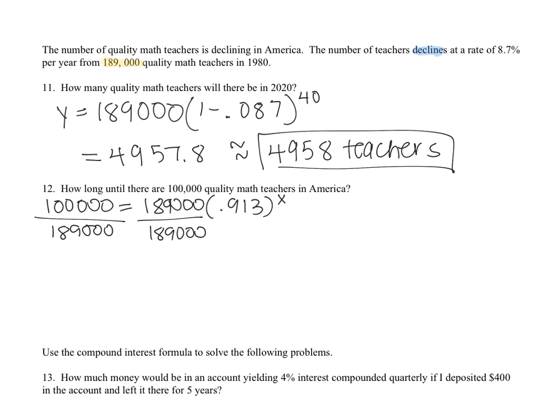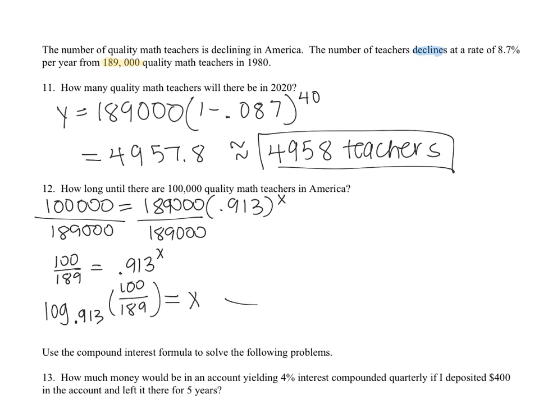Now 100,000 divided by 189,000 is not a nice decimal, so I'm going to leave it in its simplest form, 100 over 189 equals 0.913 to the x. Similar to number 6 on the previous page, I'm now going to solve this exponential equation by converting to logarithmic form. So we're going to have log base 0.913 of 100 over 189 equals x.